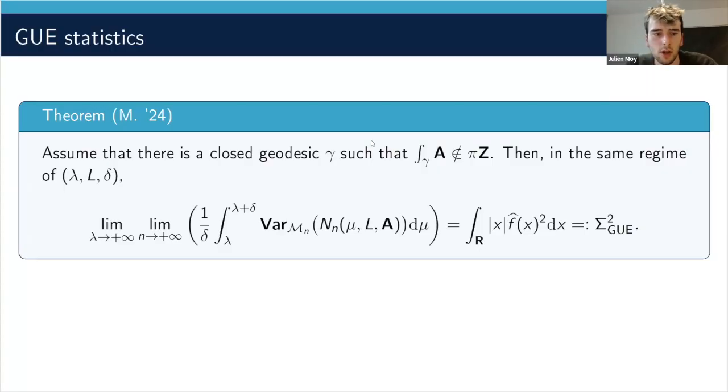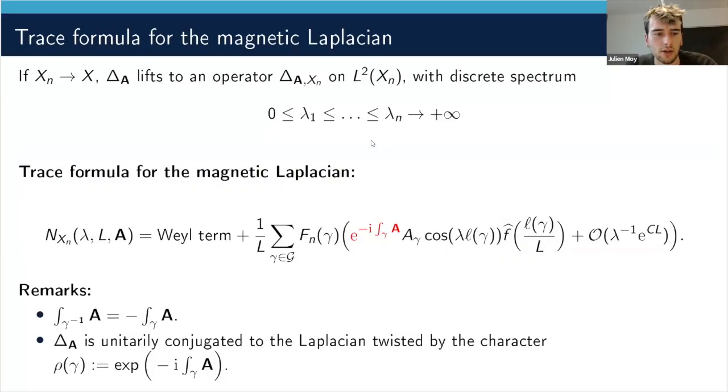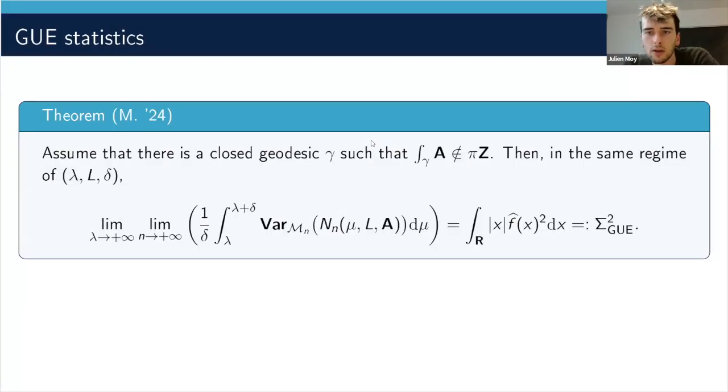So this actually amounts to asking that the representation rho that I define here is not plus or minus 1, essentially, okay? Or the square of rho is not equal to 1. Okay, and with this hypothesis, we have a similar result as before, but one finds in the limit the variance for the Gaussian unitary ensemble.